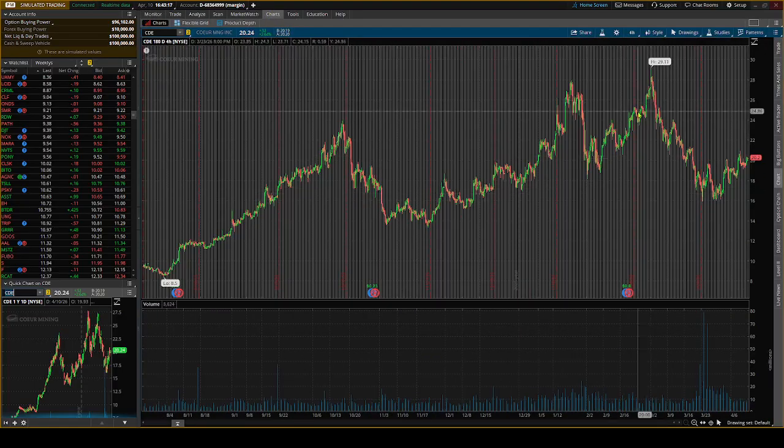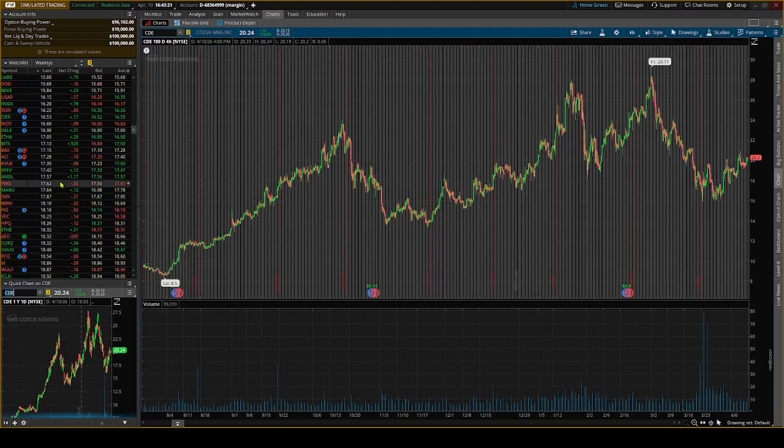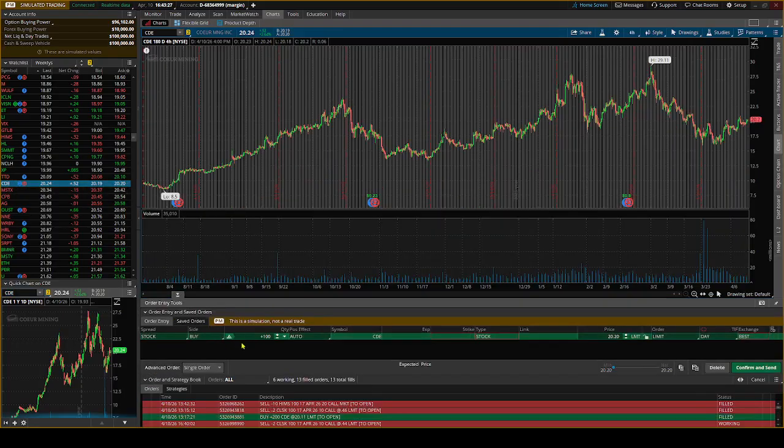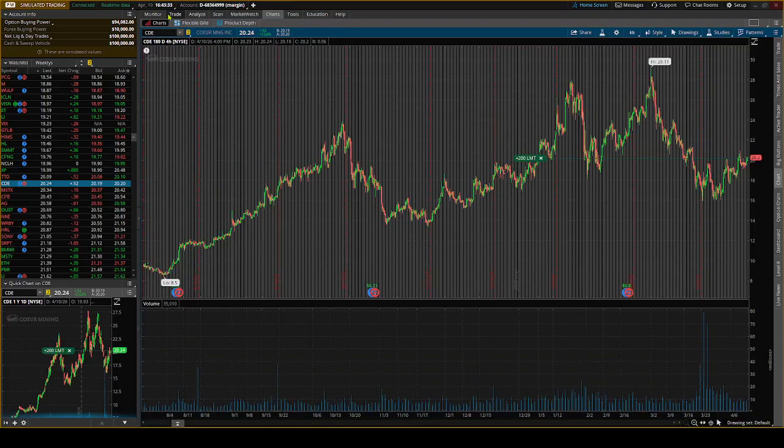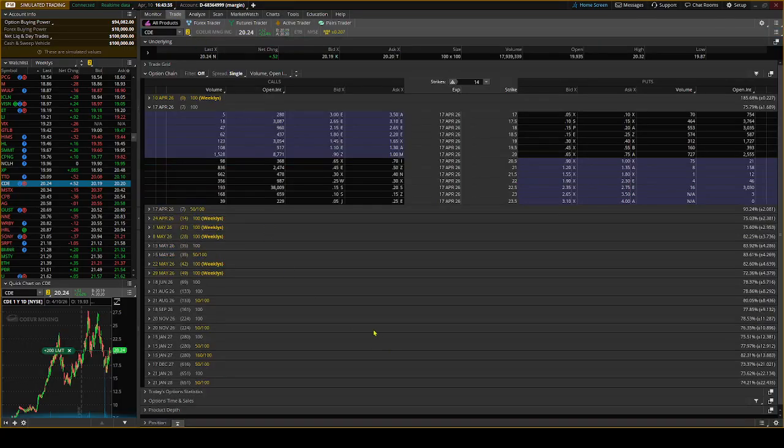And this one's got some good volatility going on right now, and it's at around $20, so it's right there. We're going to buy at 20.20, 200, confirm, send, trade window. Okay. All right, this has got some good prices.